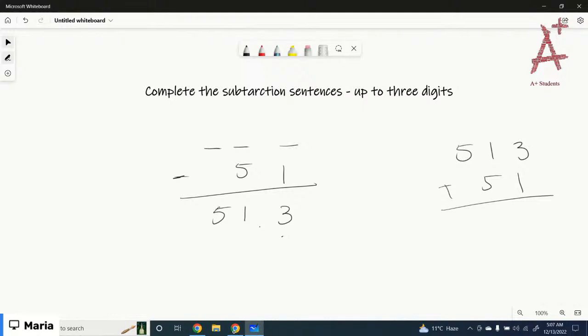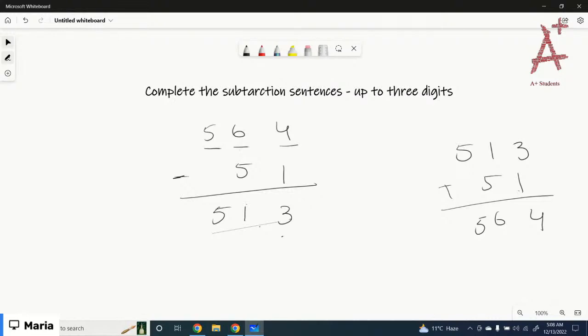3 plus 1 is 4, 5 plus 1 is 6, and here you have 5. That means if you subtract 51 out of 564, you'll get the same answer that is here. You can just check: 4 subtract 1 equals 3, 6 subtract 5 equals 1, and here you have 5.